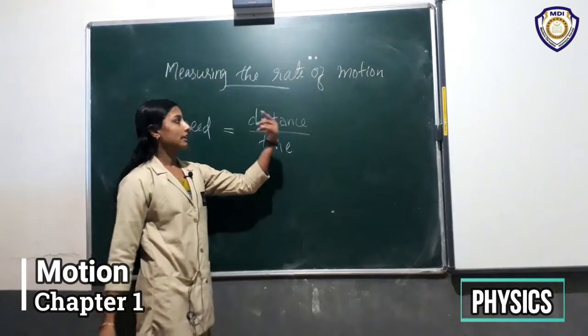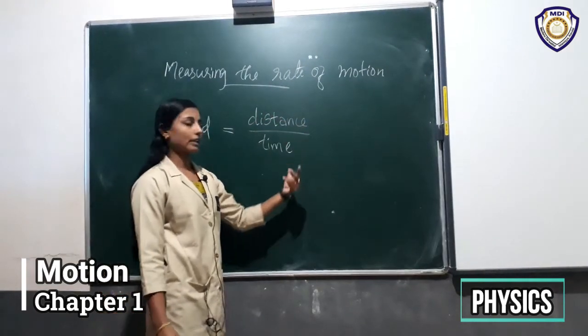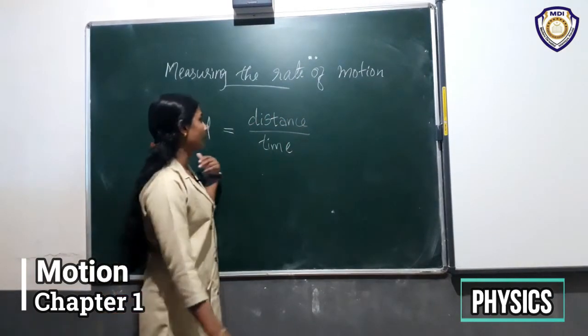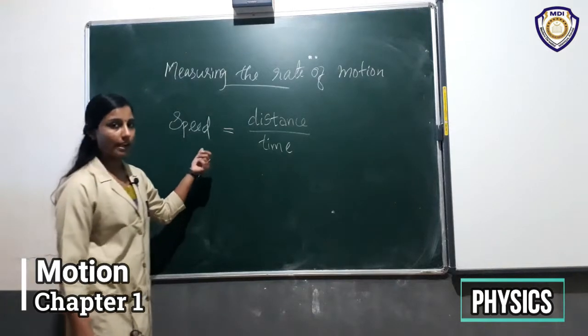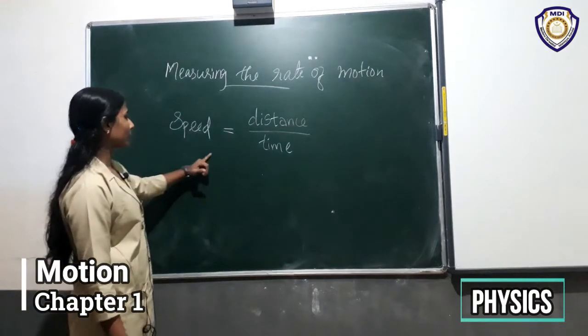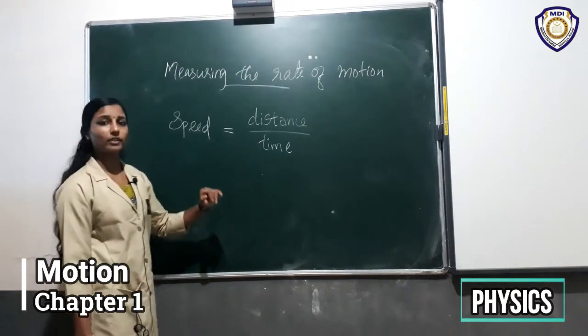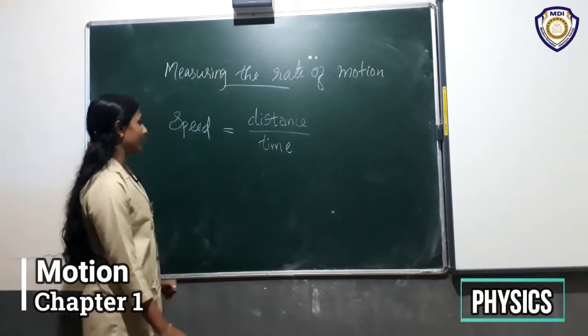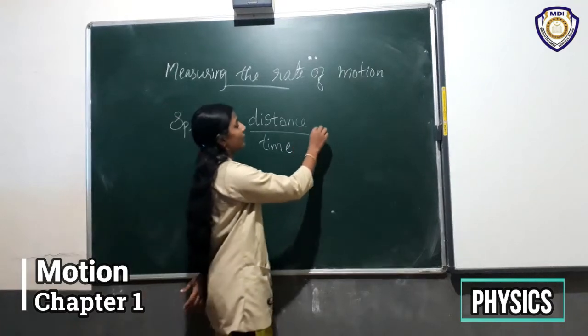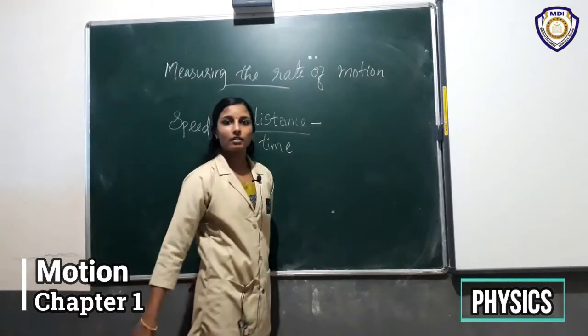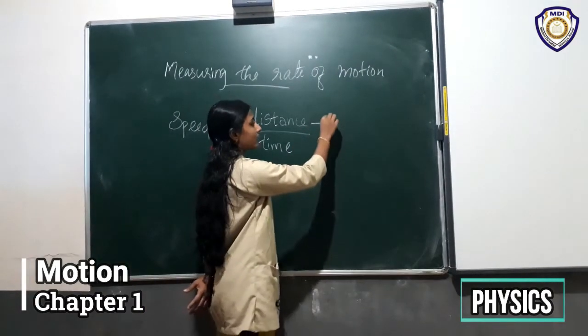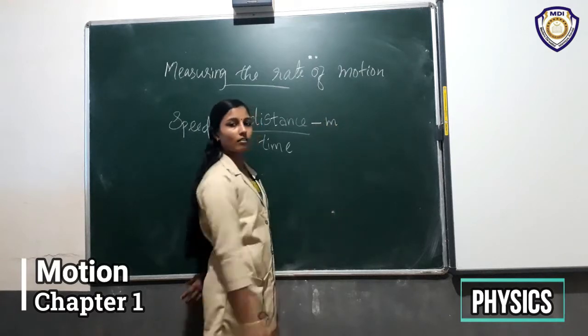That is distance moved per unit time. That is the speed of an object, right? So we can find out the unit of this speed. What is the unit of distance? The unit of distance is meter, right?